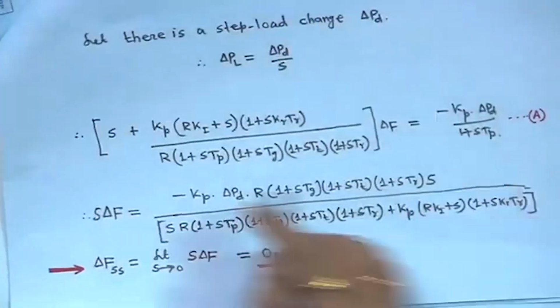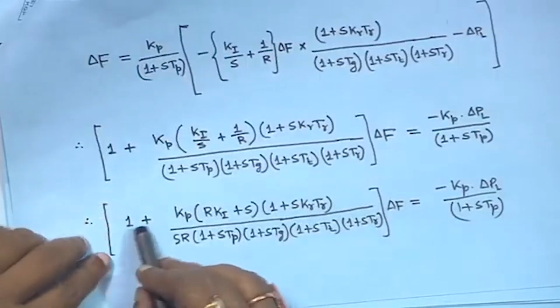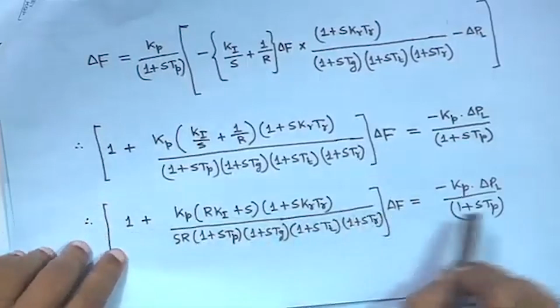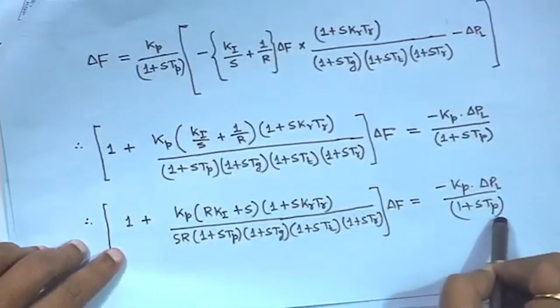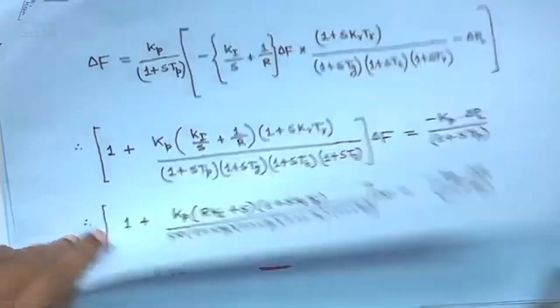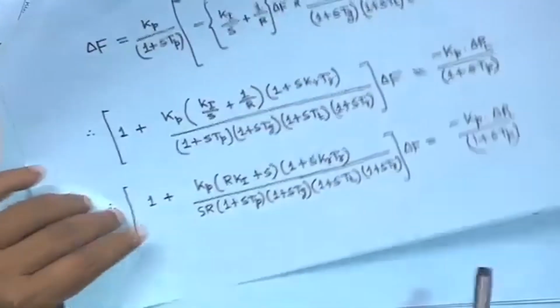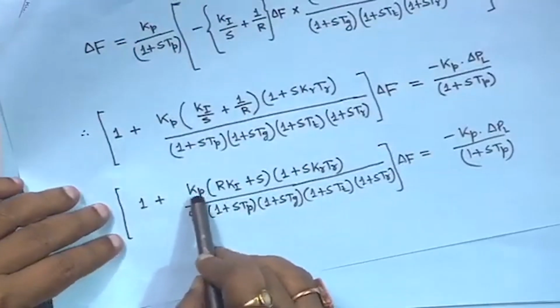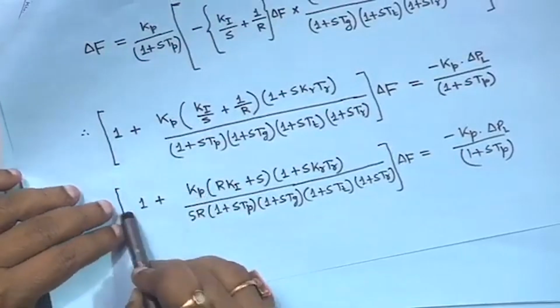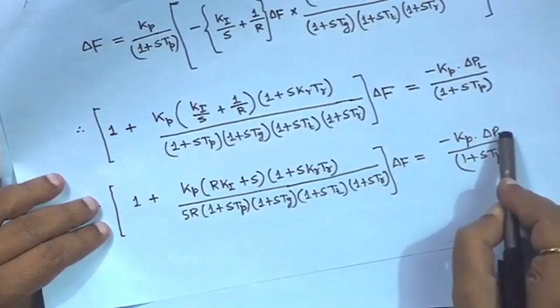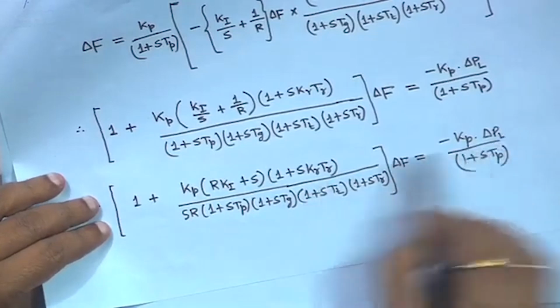If you do so, since it is delta PD upon s, this s will be cancelled, it will be s plus s into something. And on multiplying both sides by s, that s will be cancelled here, and this term will be delta PD upon s. So, multiply both sides by s.